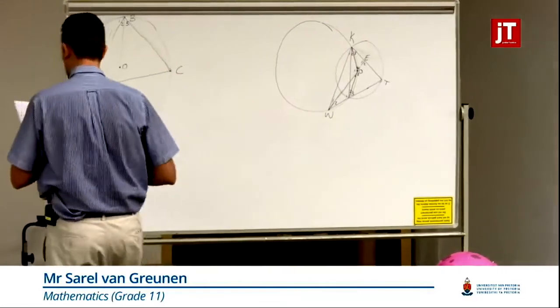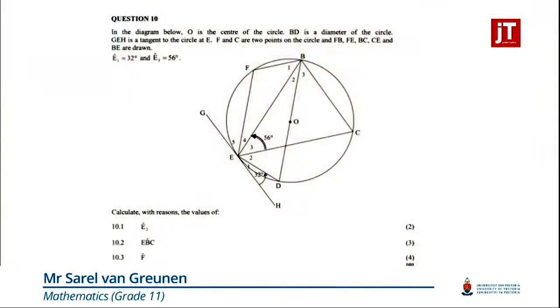So it says to me, in the diagram below, O is the center of the circle. Stop. What do I know about the center of the circle? Firstly, I have radii.